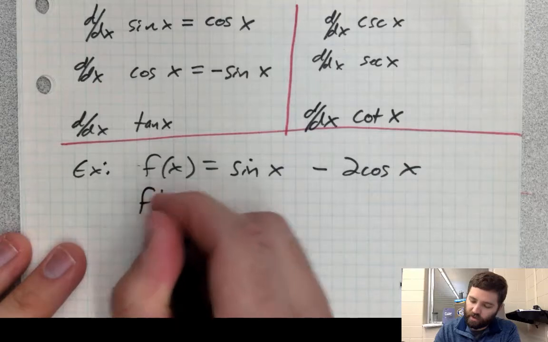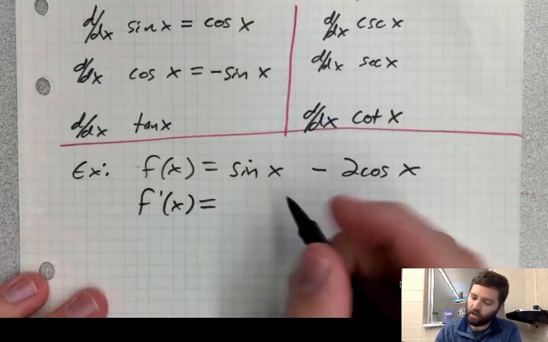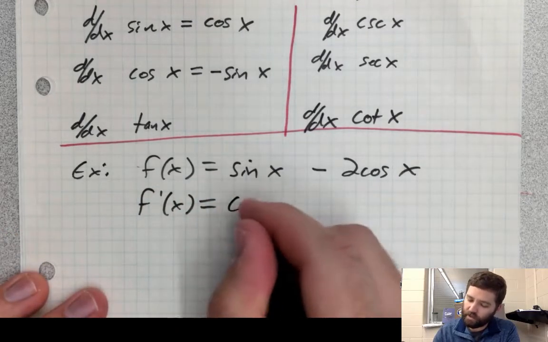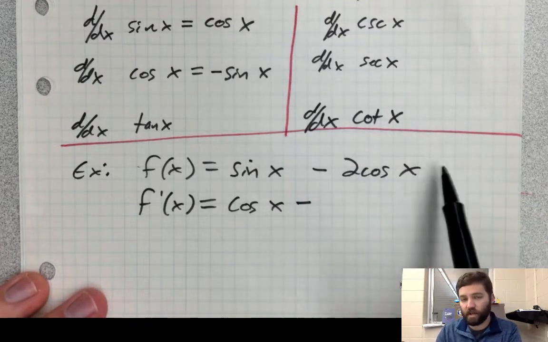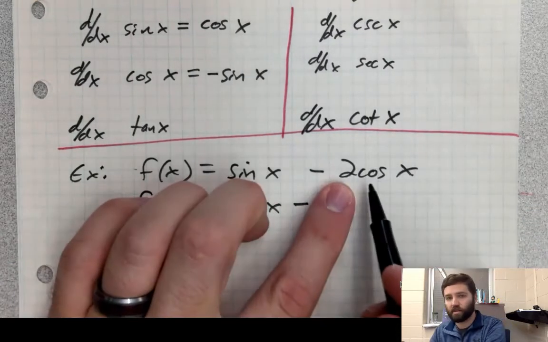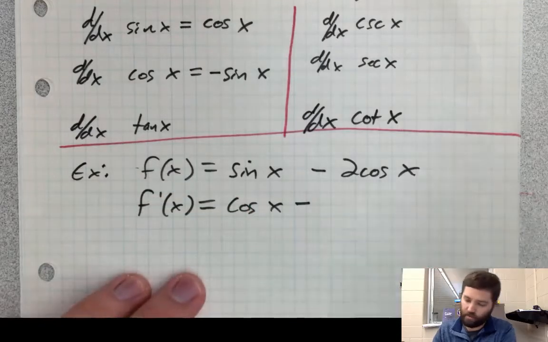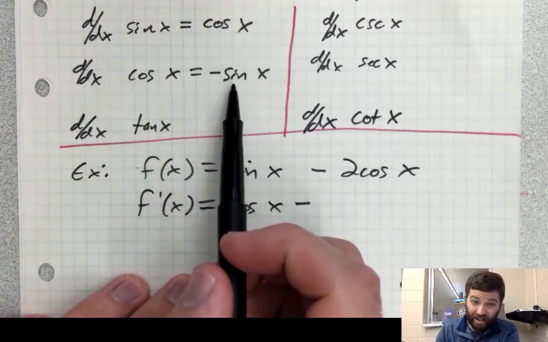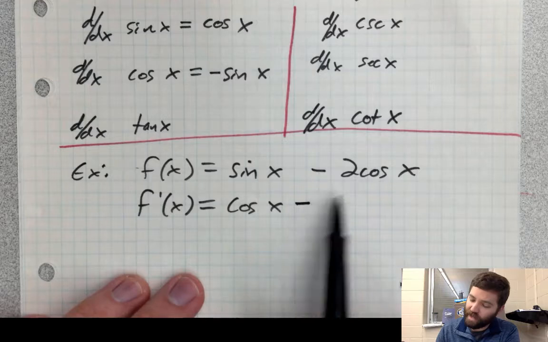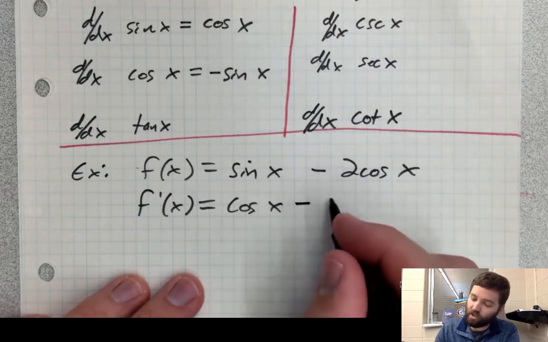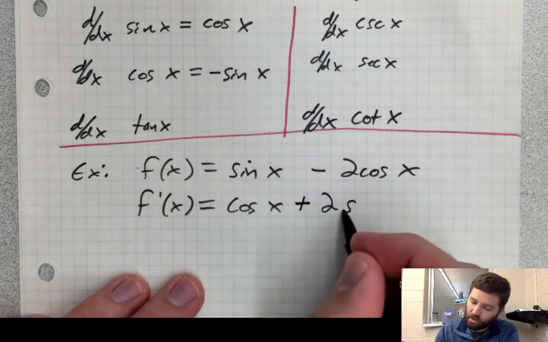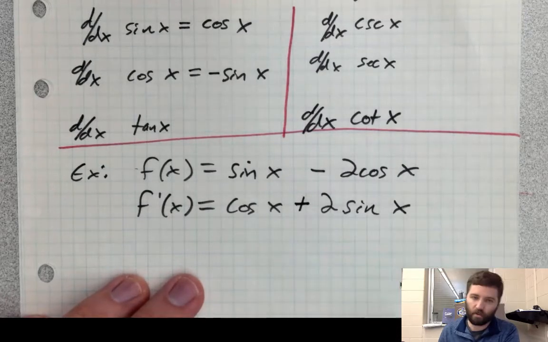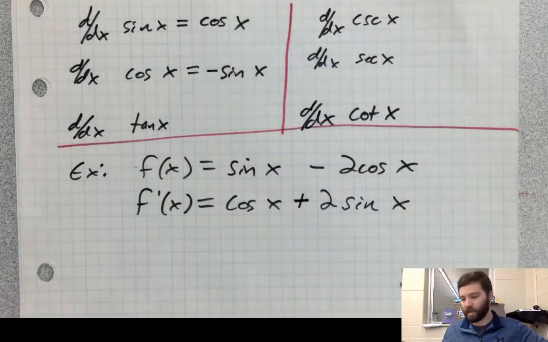So f prime of x here would equal cosine of x minus, and then if we're going to derive 2 cosine x, that's the same as 2 times the derivative of cosine. Well, the derivative of cosine is negative sine, so I will have minus 2 times negative sine. That's going to end up being plus 2 sine of x. Okay. So there's the derivative on that one. All right, next.